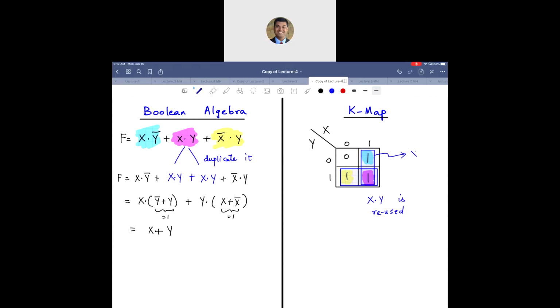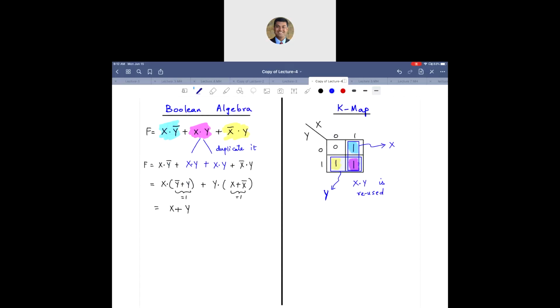This is x, this is y. So I hope that discussion, by having Boolean algebra and K-maps side by side, you were able to understand some intricacies in Boolean algebra and how they can be better viewed by looking at a graphical K-map.